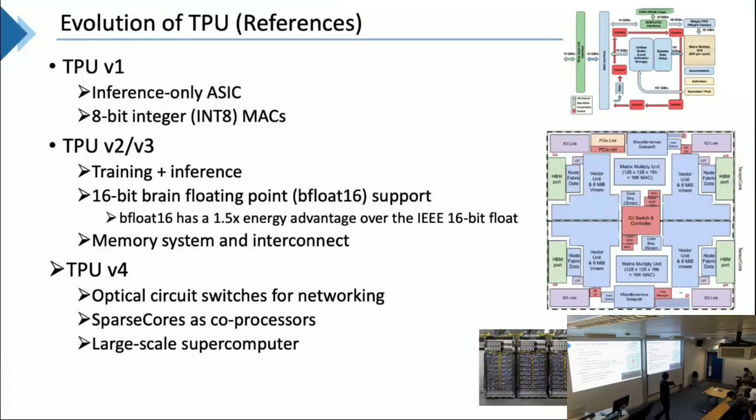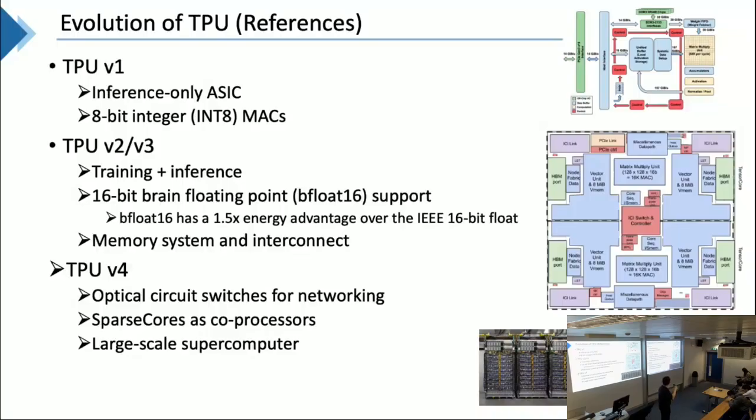And this is the reference, so you are not required to learn it in detail. The first version of TPU only supports inference, and the precision they support is just int8 multiply and accumulate. And in the second version, they try to support training as well as inference, and they add a different type of data precision called brain floating point.